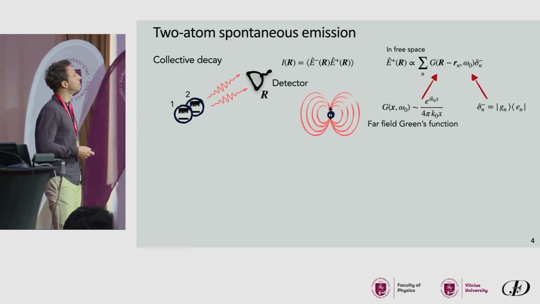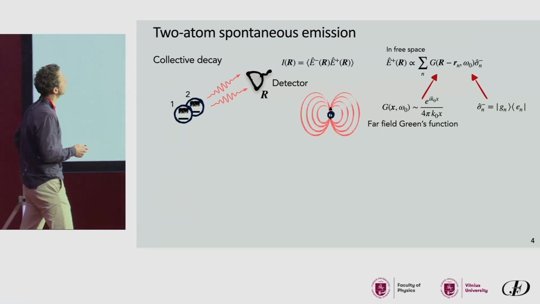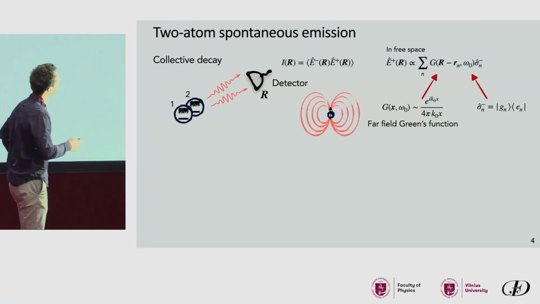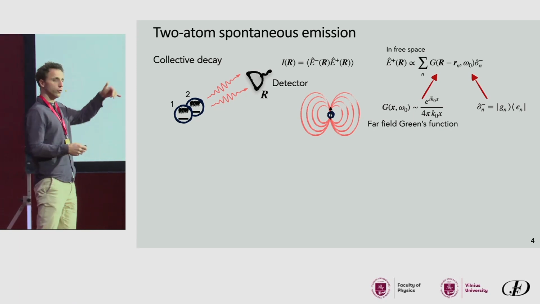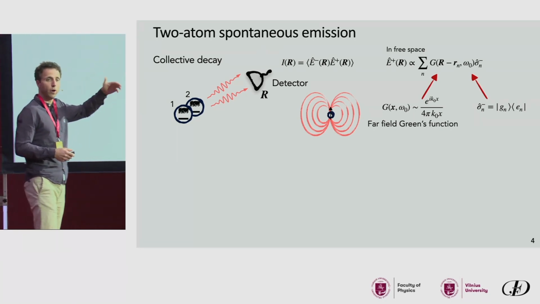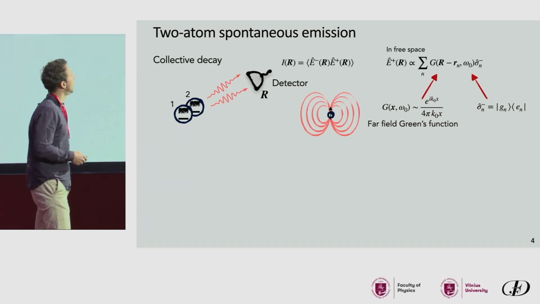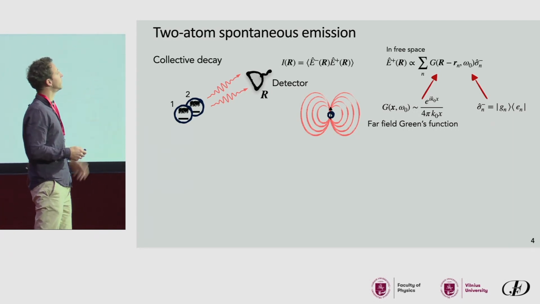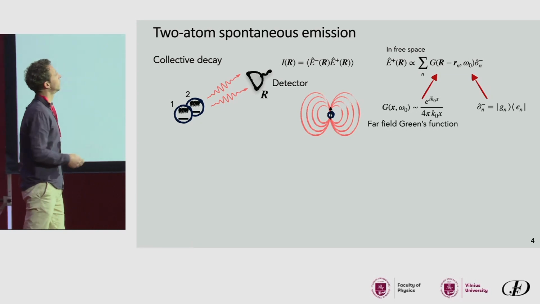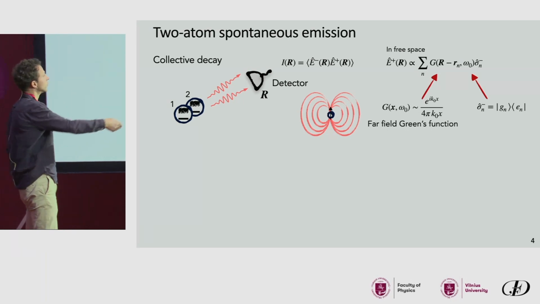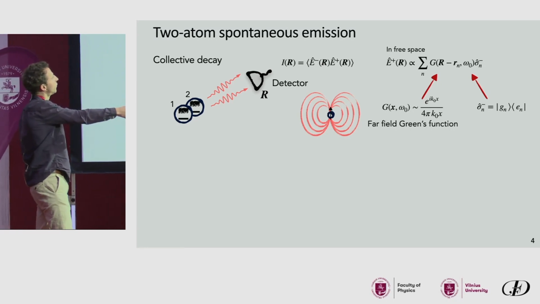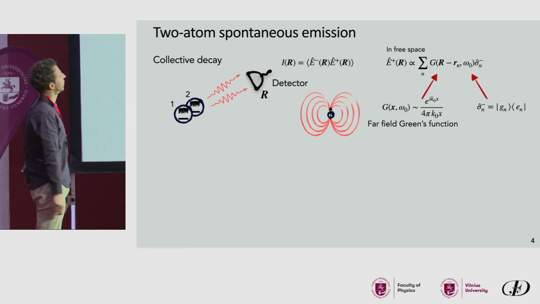When you're in free space, it's possible to show that the field radiated by the atom is given by just the dipole operator. If you have a classical atom, it's just an oscillating dipole. If it's a two-level system, you have to take this operator, which is the lowering operator that acts on atom n, and you just propagate the field. This is the Green's function of the field. You propagate the field from the position of the atom to the position of your detector.